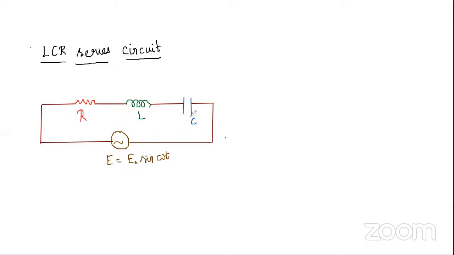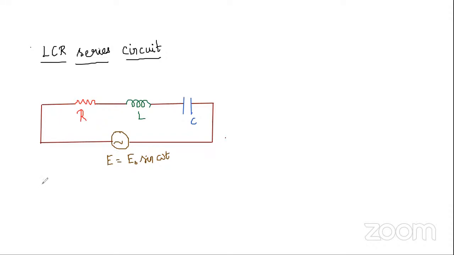Okay. So here the current at any instant through the three elements has the same amplitude and phase, but the voltage across each element bears a different phase relationship with the current. If you take maximum current as I naught, then you will be having different potential differences across L, C and R. Now we will be discussing those.